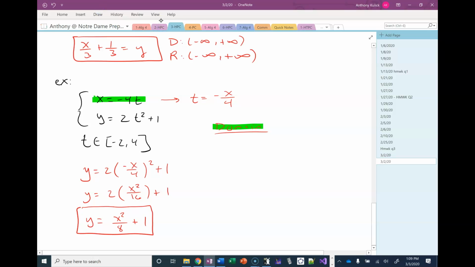What is the domain for the x equals negative 4t equation? It is negative 2 to positive 4, right? The interval for t gives you the domain for the parametric equations.